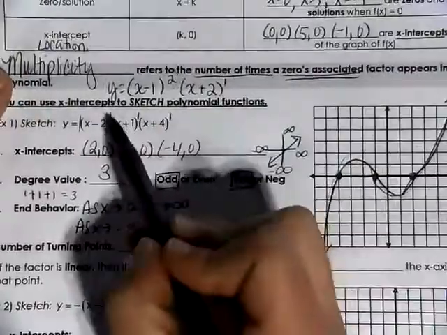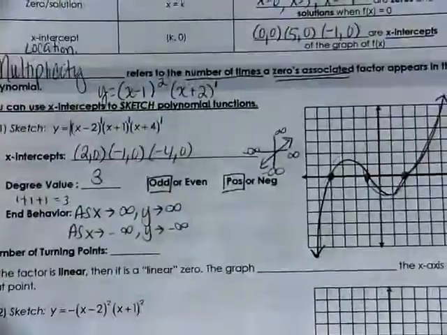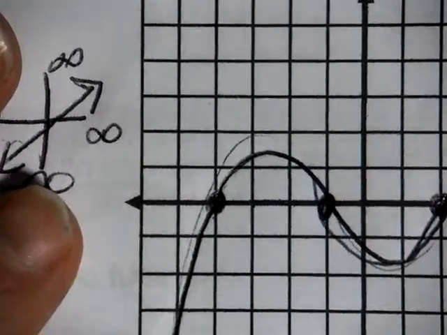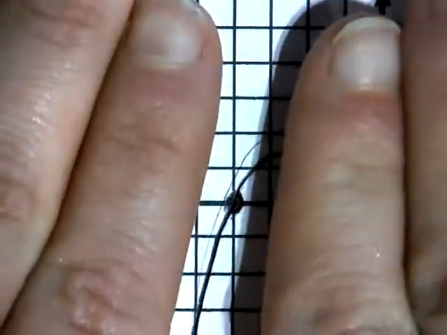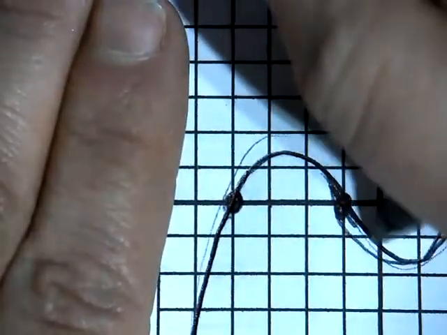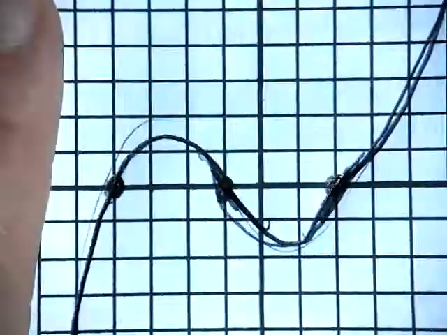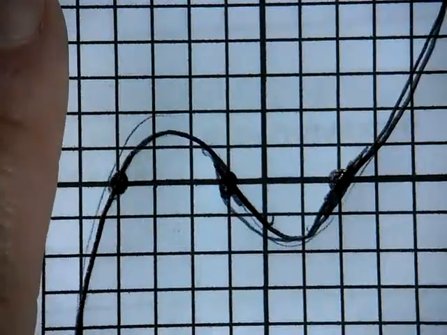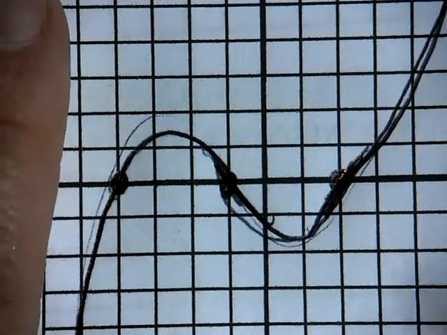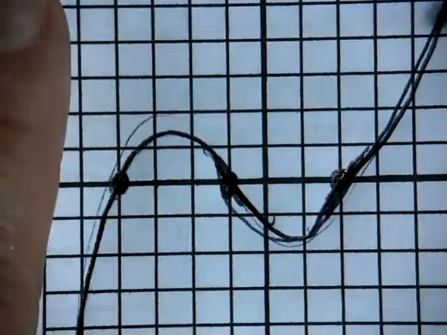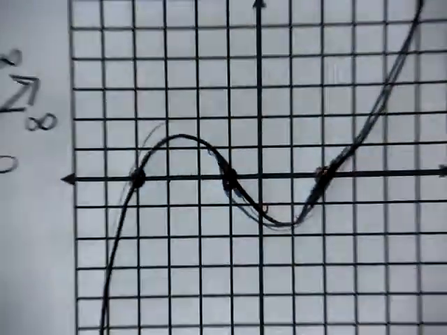And because each of these parentheses are raised to the first power, what you should see going through each x-intercept, if you were to just block it off, is that it should appear linear going through each of these ordered pairs. So you want it to be linear, but you also want it to be kind of curvy too. So these are just going to be guesses, sketches.